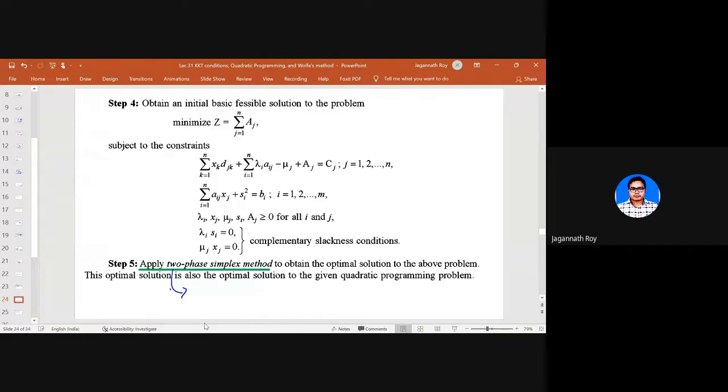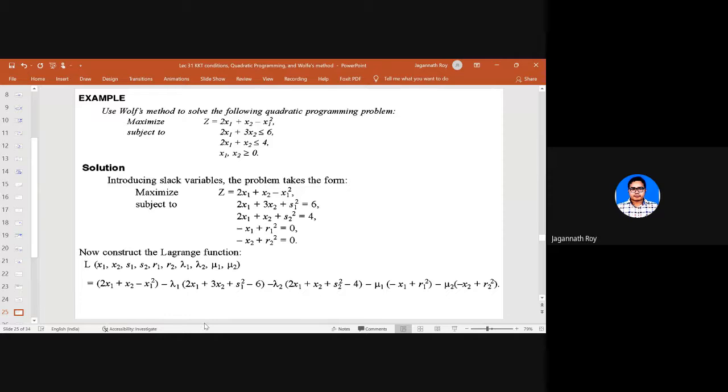If we use the BigM method, then it becomes difficult to handle. So that is why we will use this method. Now the function remains to minimize the sum of the artificial variables, and all the conditions have become linear. So we can start the algorithm now.